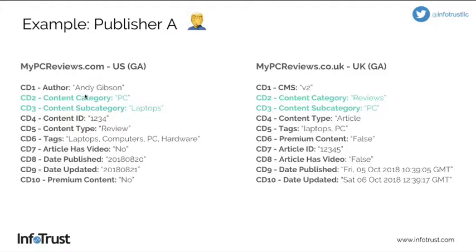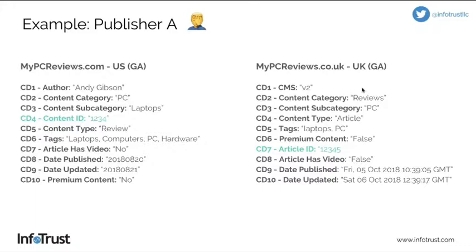So there are some differences there. We can't just pull that information together because now we're going to get PC for content category for the US and reviews for the UK. That's not helpful. Those are essentially two different values.